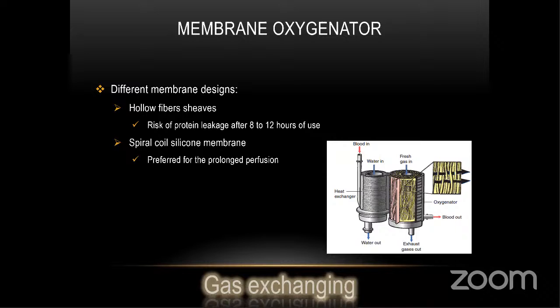Oxygen diffusion needs a higher differential gas pressure, but carbon dioxide diffuses with a small differential gas pressure. There are different membrane designs used in membrane oxygenators: hollow fiber sheaves or spiral coil silicone membrane. Hollow fiber membrane is associated with a risk of protein leakage after 8 to 12 hours of use.